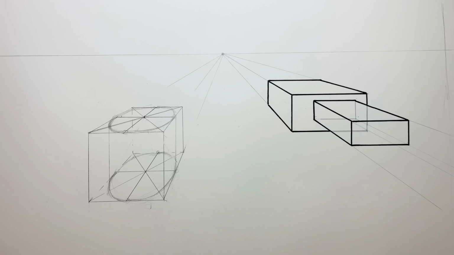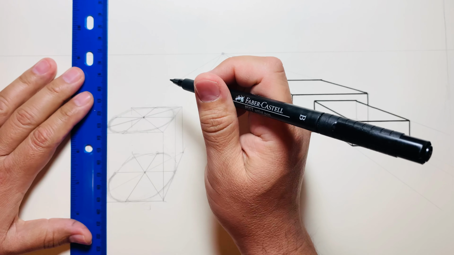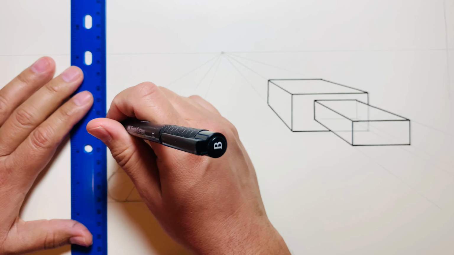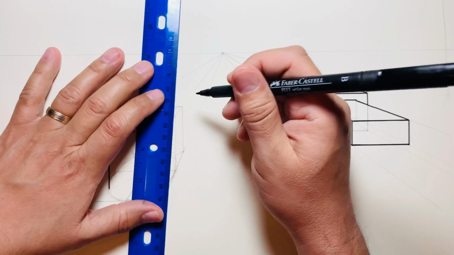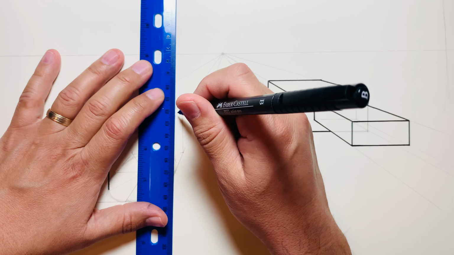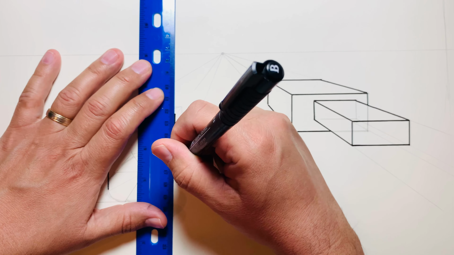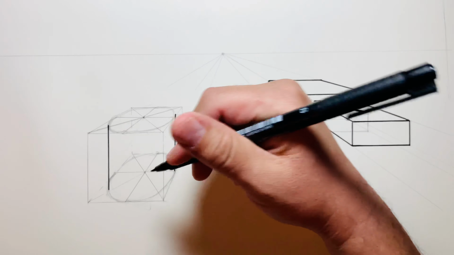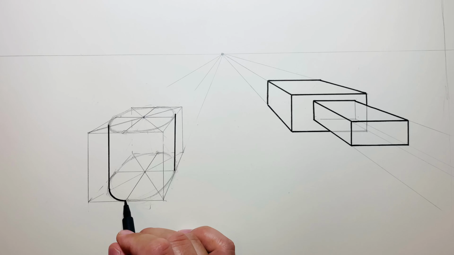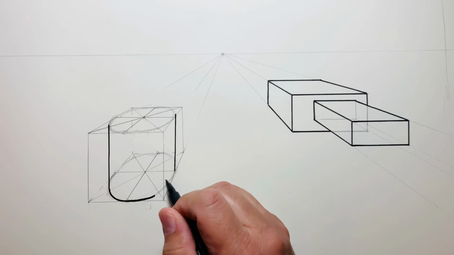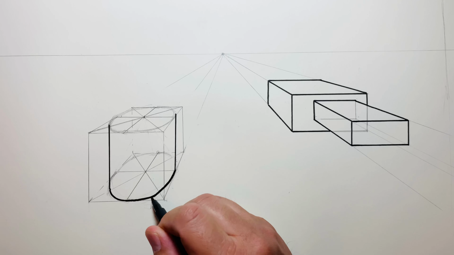And so again, you would have to do two examples. So, here's one of mine. So if I was a student, I'd have to do another one. And then you just go over with ink anything that would be visible. So this is the freehanding part that can be a little stressful, even for me.